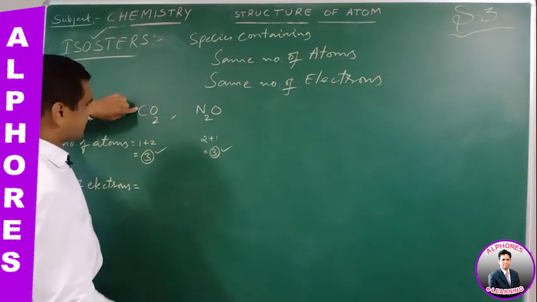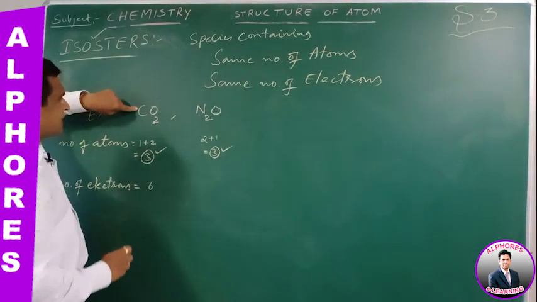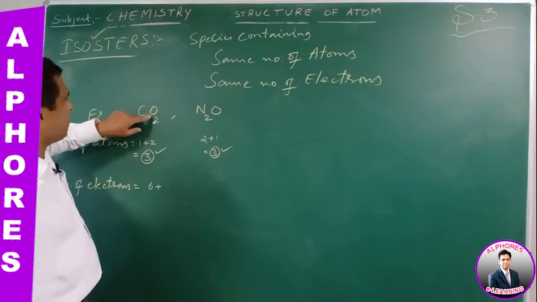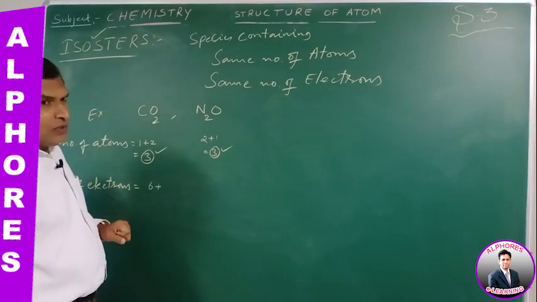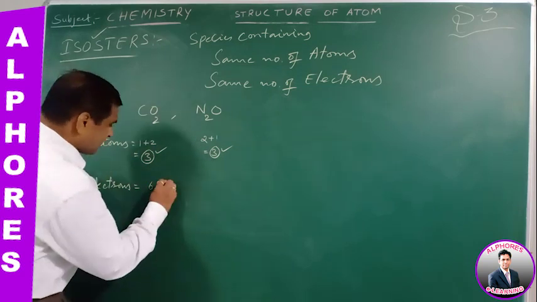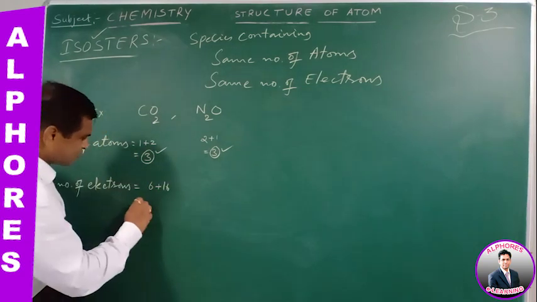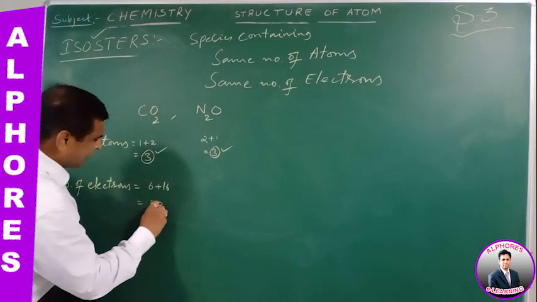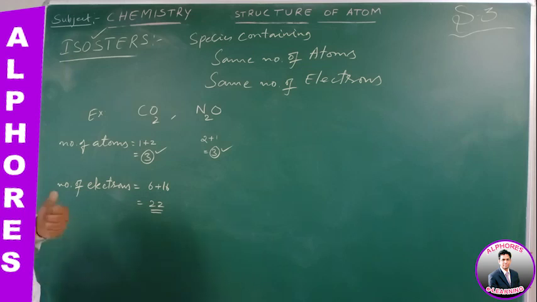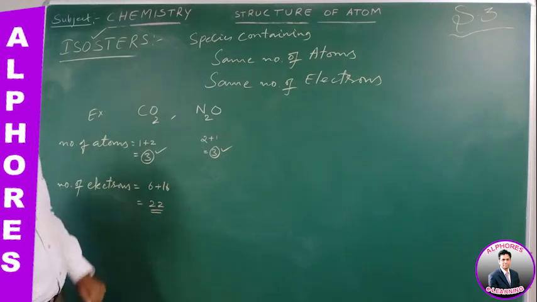Carbon atomic number is 6, so it contains 6 electrons, plus each oxygen atomic number is 8. So 2 oxygen atoms give 16 electrons of oxygen. So the total is 22 electrons present in a CO2 molecule.